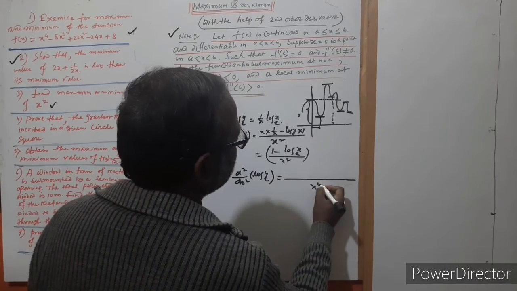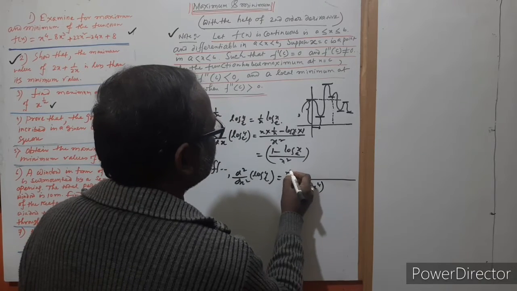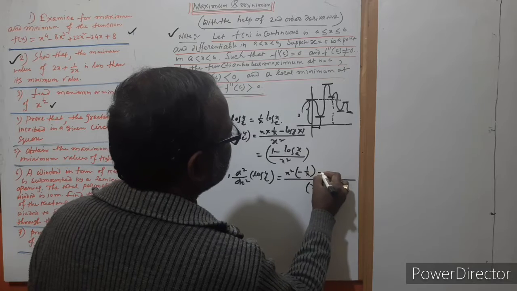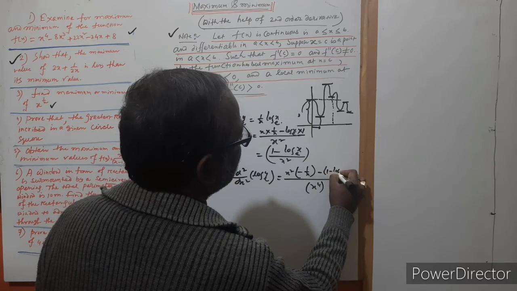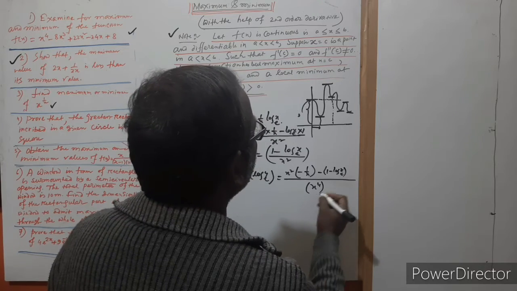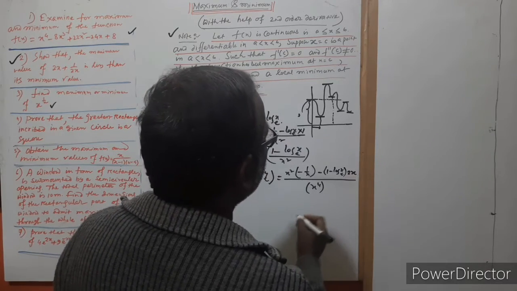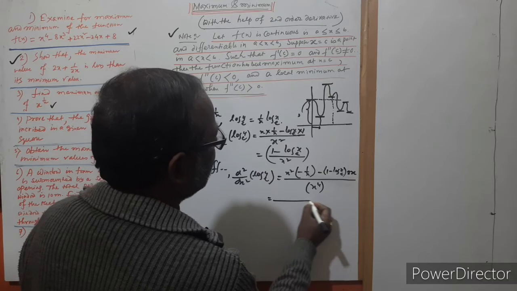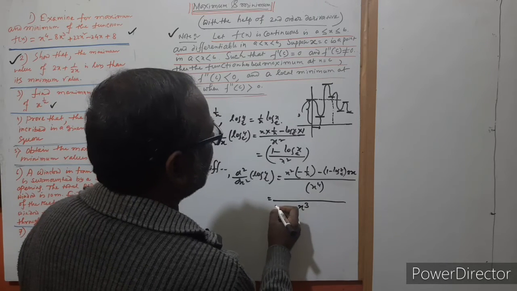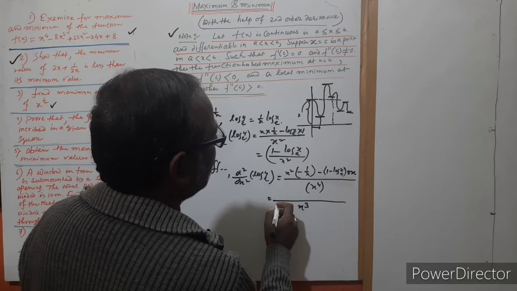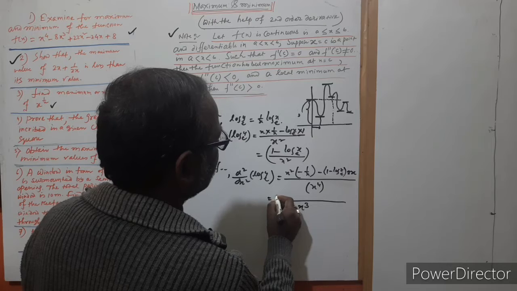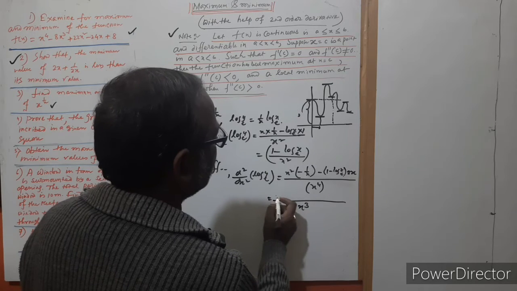This is x to the power 4 in the denominator, and this part is unchanged, and the derivative of that is minus 1 by x, and again 1 minus log x to the base e, and the differentiation of x square is twice x. So here x to the power 4, or we can write x cube, and we take minus x common and cancel.